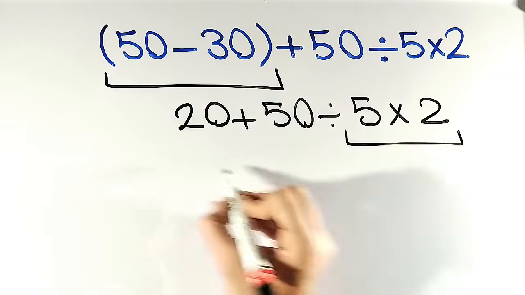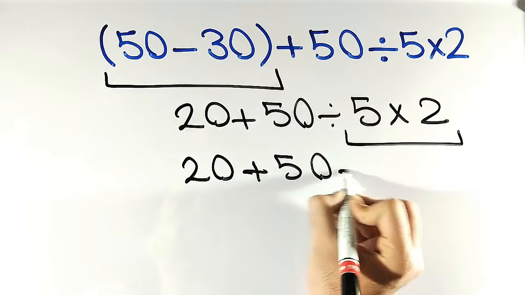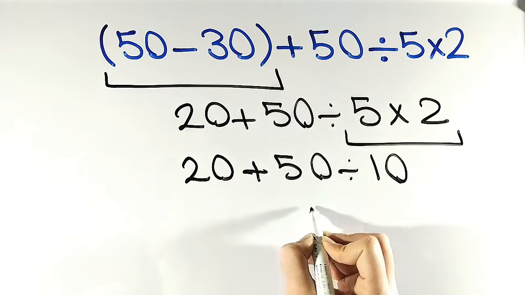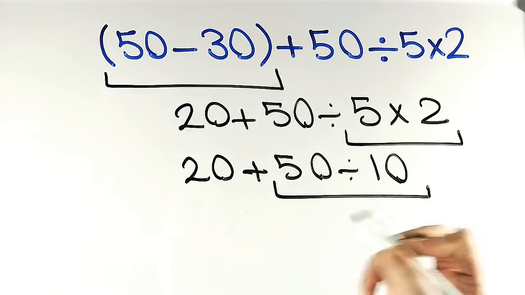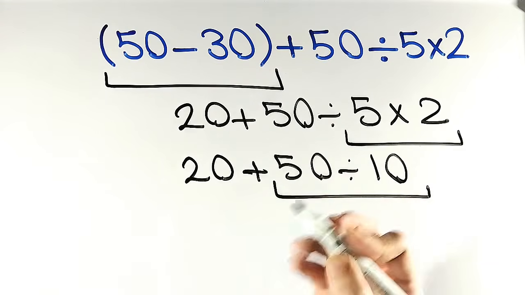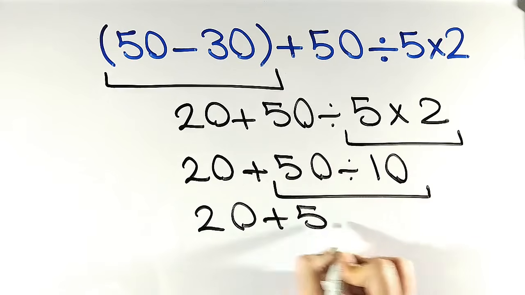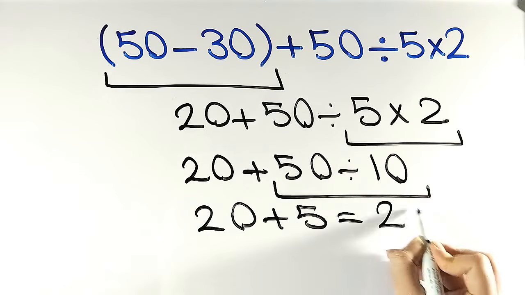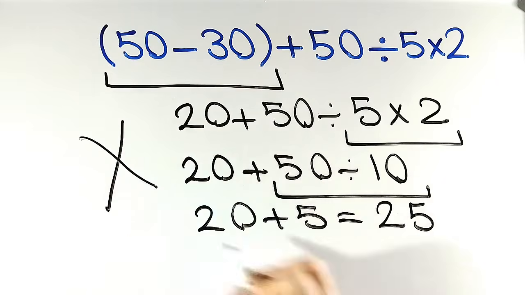So, instead of this expression, they write 20 plus 50 divided by 10. Then, they go for the division between 50 and 10 because they think division has a higher priority than addition. So, they rewrite this expression as 20 plus 5, which finally gives them the answer 25. But this answer is completely wrong.